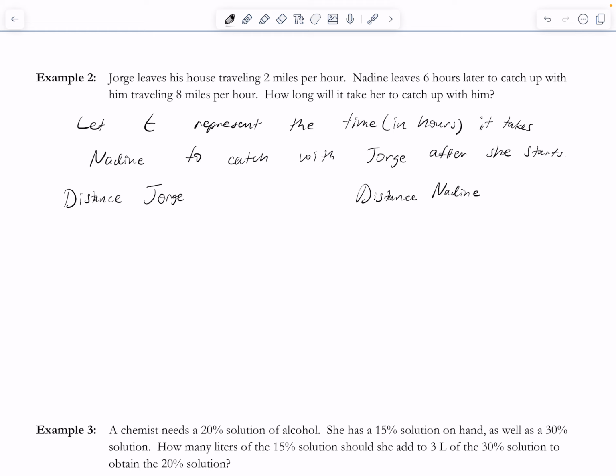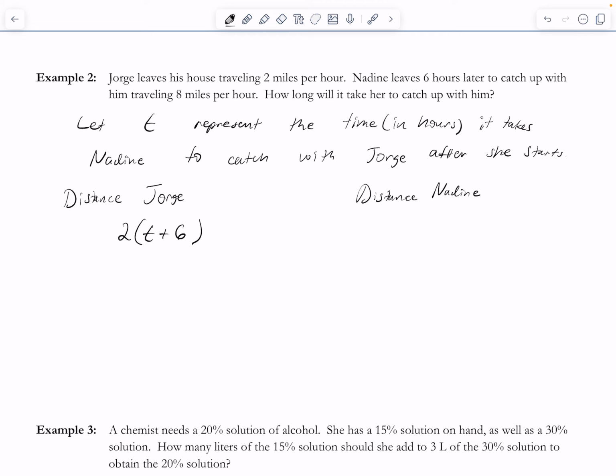Okay, so to do the distance, we're going to do their miles per hour, so that's their rate, times the time, so how many hours have they been moving, and if I multiply those two together, that will give me the distance. So for Jorge, his rate is 2 miles an hour. So I'm going to multiply that by the time that he has been moving. And in this case, that time is t plus 6.